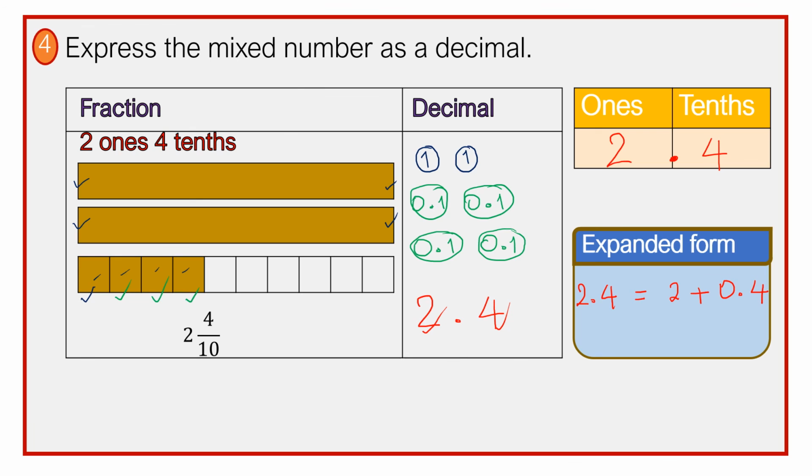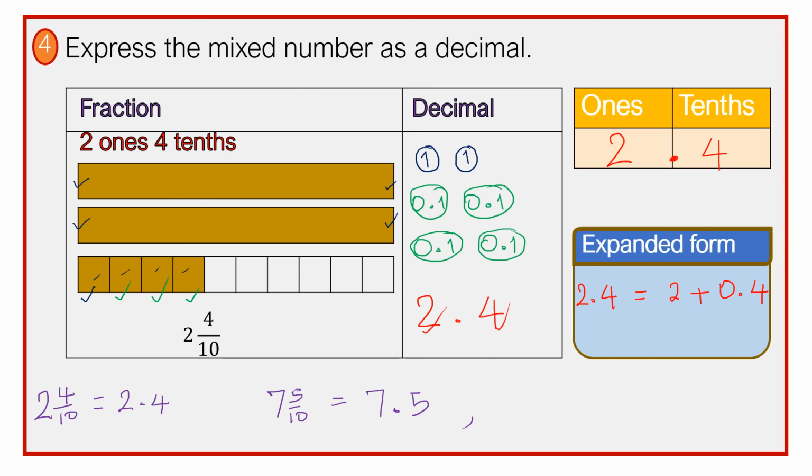So now from this example, you can note that if I have 2 and 4 out of 10 as a decimal, it will be 2.4. If I have 7 and 5 out of 10 as a decimal, it will be 7.5.